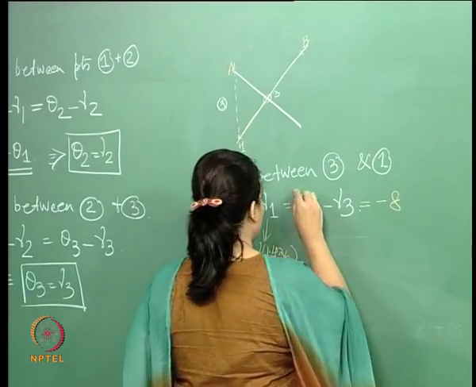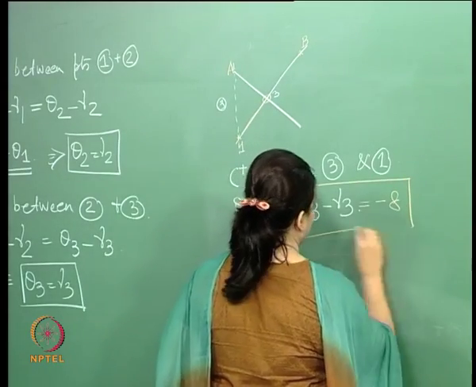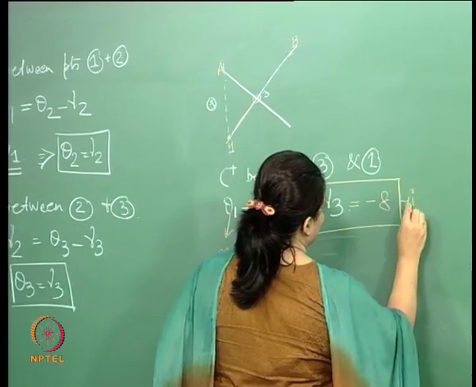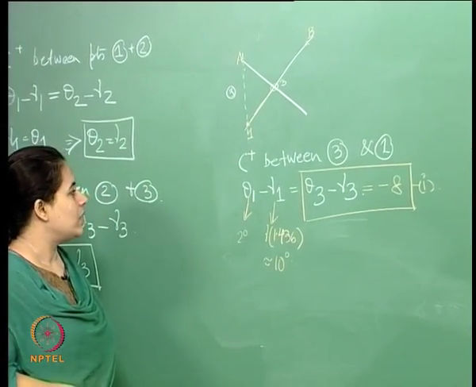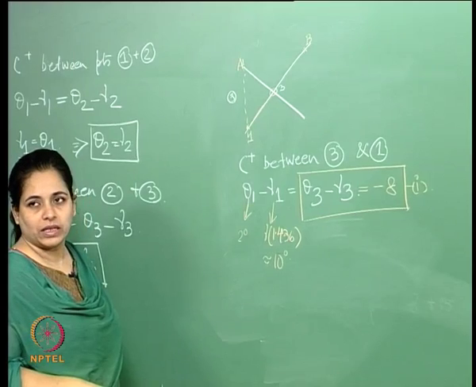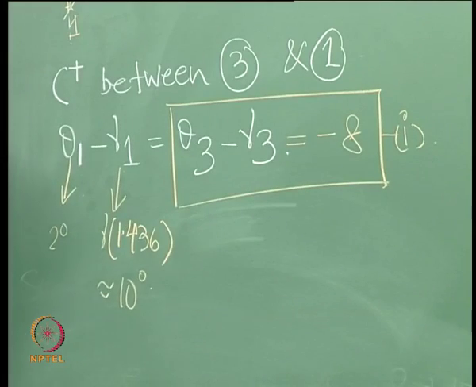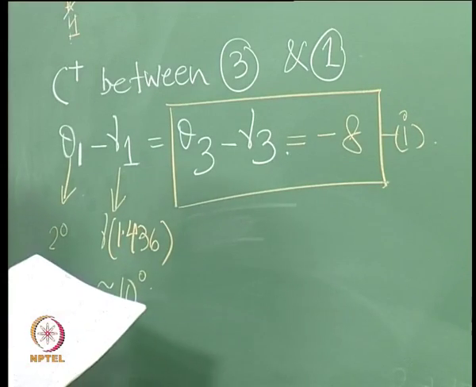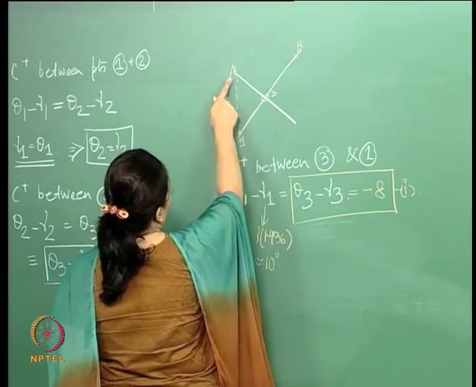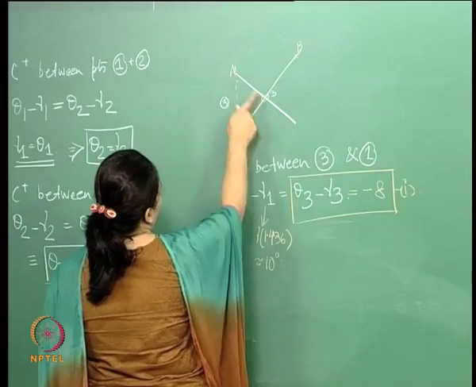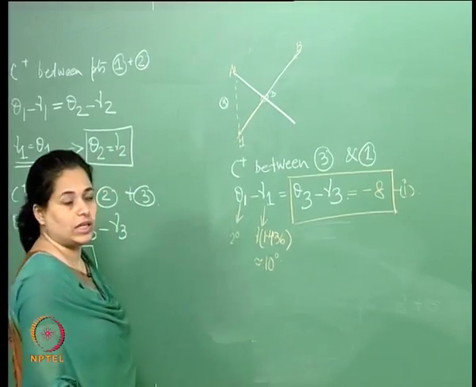So therefore, let us just say this is one relationship that we get. So theta 3 minus nu 3 is equal to minus 8, okay. All right, so then this is it. Now next thing what we will do is take a left running characteristic between A and 3, okay.